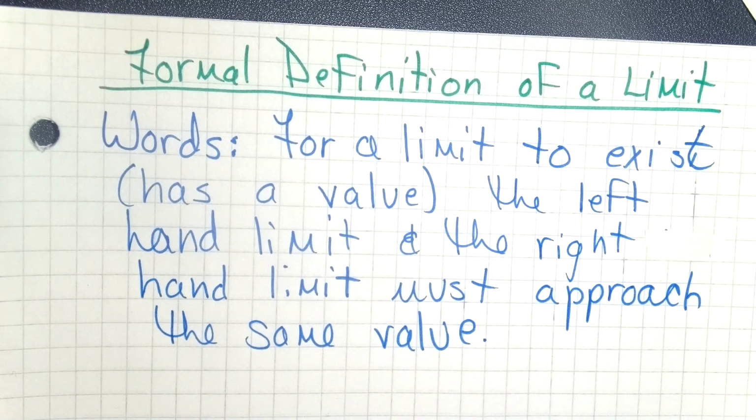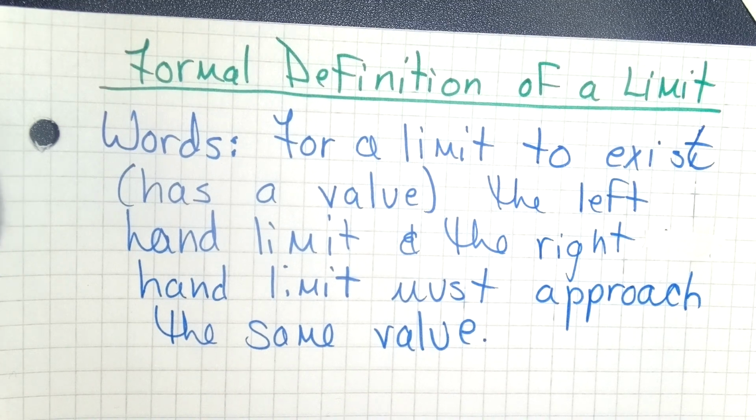So, remember when Mr. Esquivel and I are talking about a limit and we're having you go from the left and the right, and we say, does it get to the same number? Do you circle that same number? That's what it means. To go from the left and the right, you have to get to the same value. And that's what this means in order for the limit to exist.